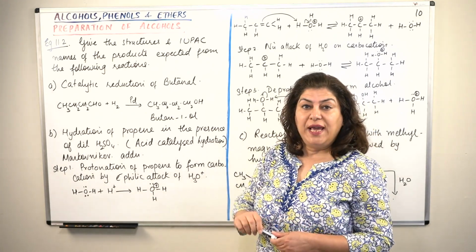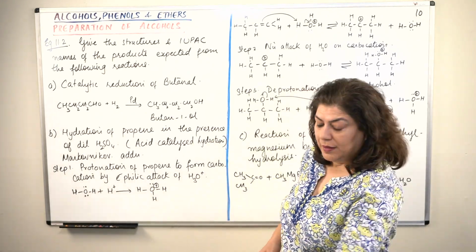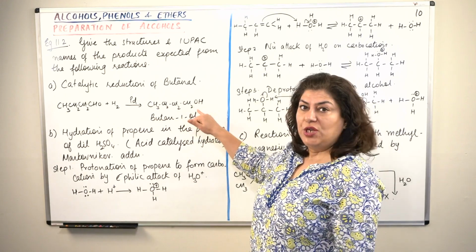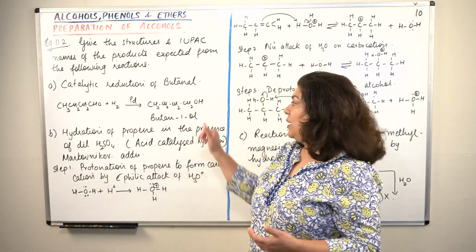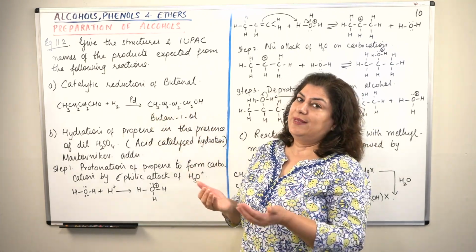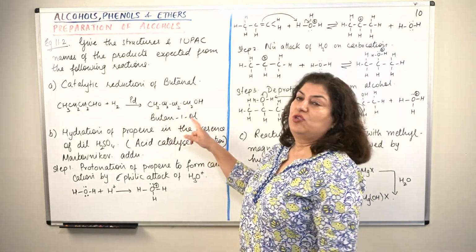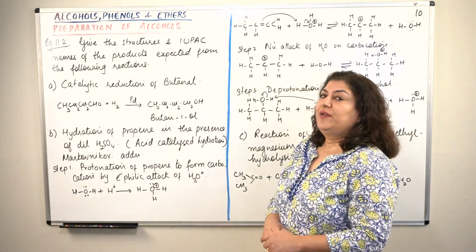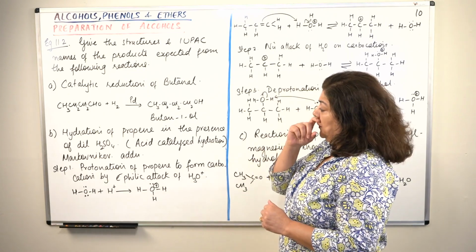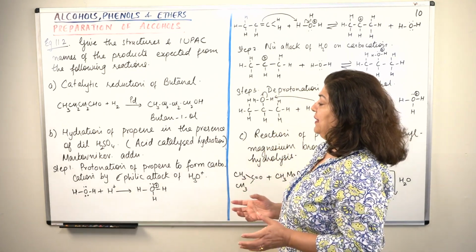The IUPAC name is butanol, and since the alcoholic group is attached to the first carbon, we will count from this direction so that it gets the lowest locant. So it is butan-1-ol.